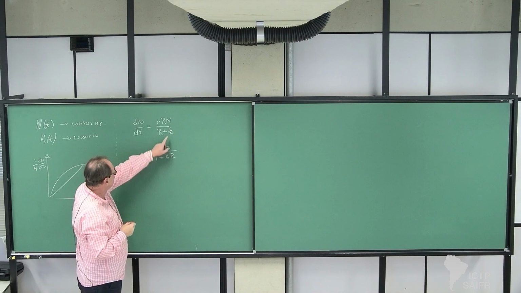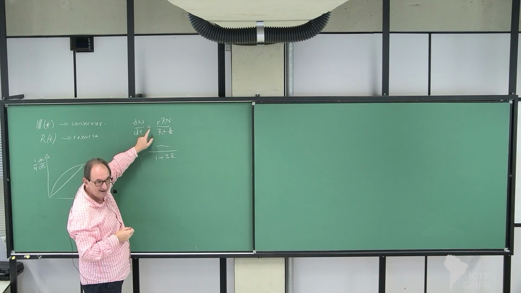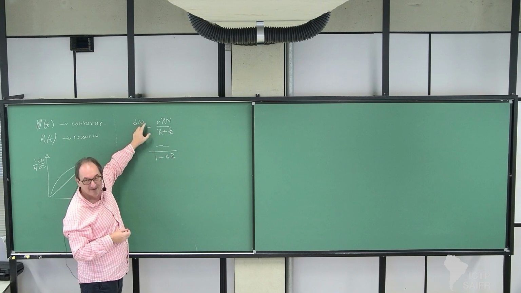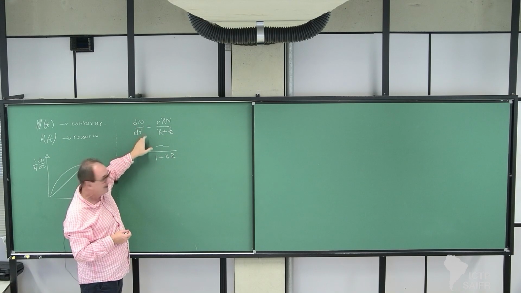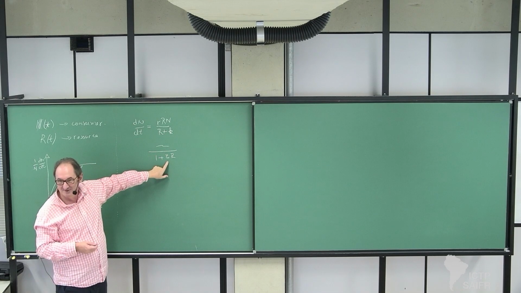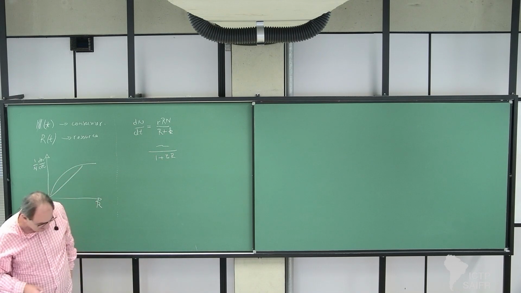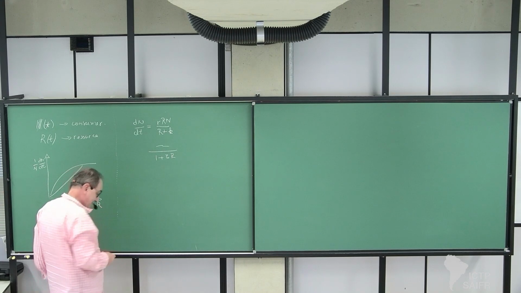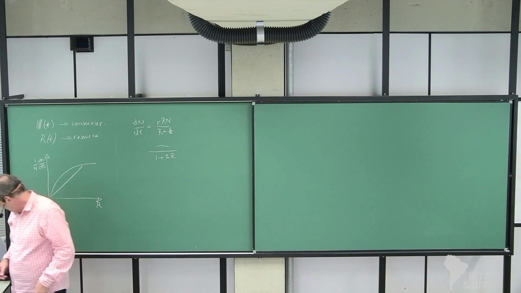But this is the same, and you just have to divide by k, both sides, above and below. Then 1 over k will be this coefficient. So this is just to help the algebra not being cumbersome.